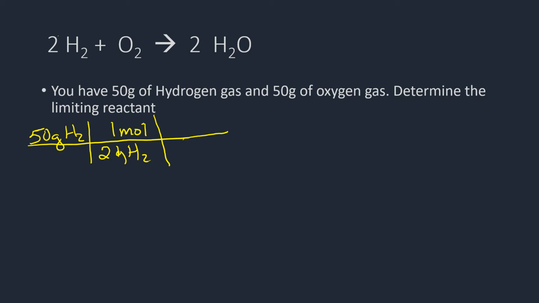So in the water we have 2 H2s to 2 H2Os. So 50 divided by 2 is 25, times 2 is 50, divided by 2 is 25. So we would produce 25 moles of H2O.